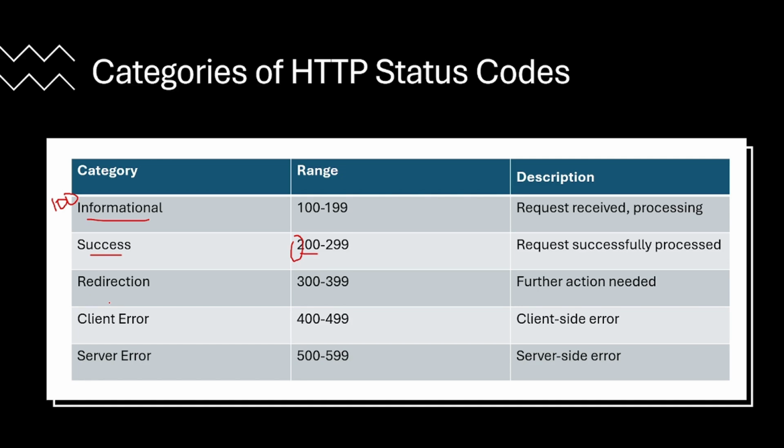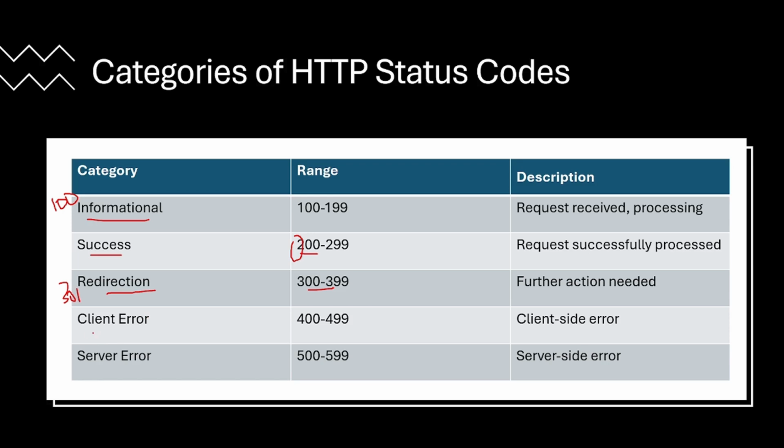These tell the client to take some action, such as following a URL to reach the requested resource. The URL may have moved to another location. For example, 301 Moved Permanently means the resource has been moved permanently to a new location. So 3xx responses will give you a redirection.